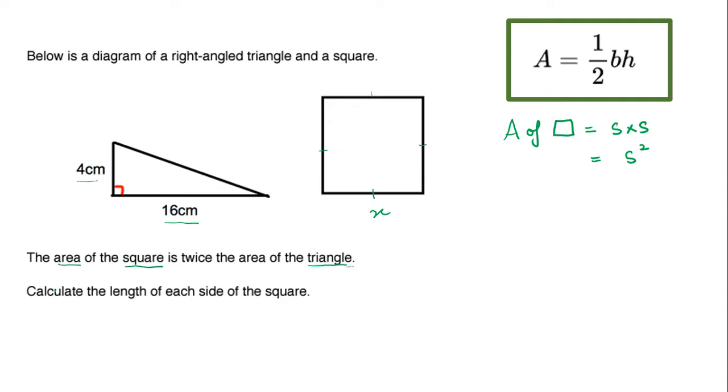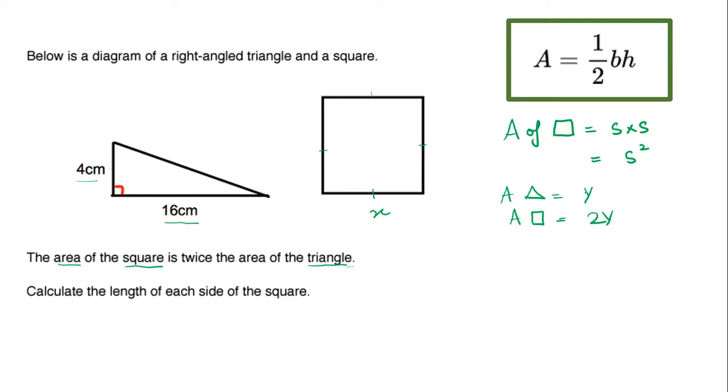Now, what they're saying is that the area of square is twice the area of the triangle, which means, let's suppose my area for my triangle was y, then the area of the square should have been 2y. That's the concept.